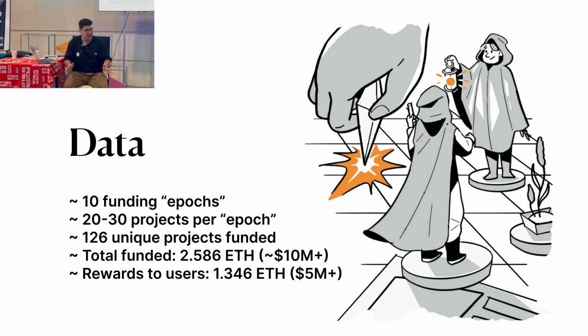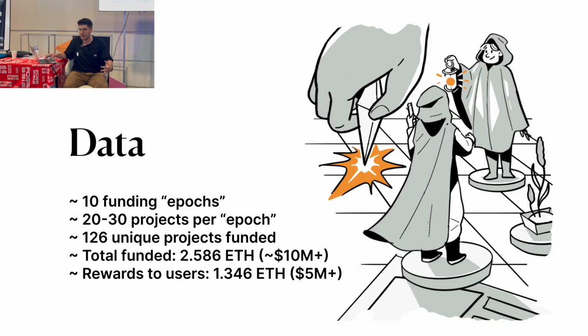So we've run 10 epochs, 10 funding rounds. Each epoch has between 20 and 30 projects, as I mentioned earlier. And many of these projects repeat epoch after epoch. We're going to see those projects in a second. In total, we've funded 126 unique projects ranging from Ethereum core infrastructure to Ethereum marketeers, and we even did an experiment with a climate round for climate related projects.